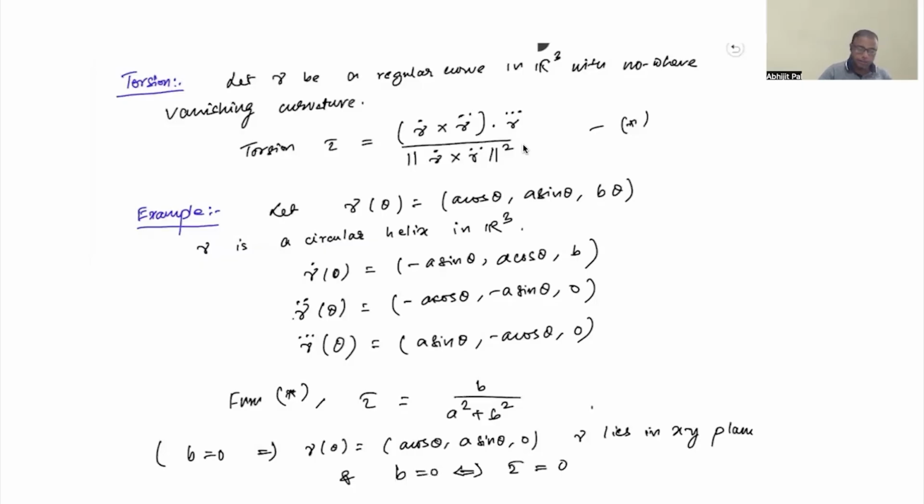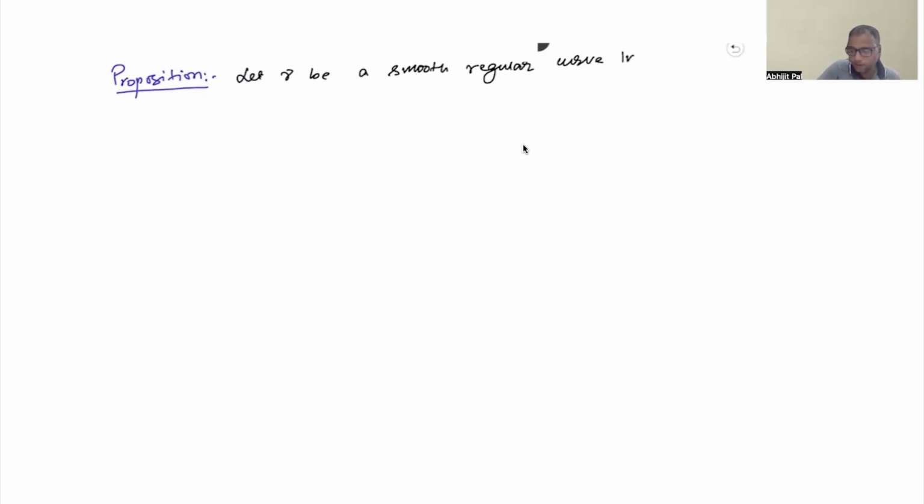Now in general, we prove this thing. Proposition: let gamma be a smooth regular curve in R3 such that gamma has nowhere vanishing curvature.